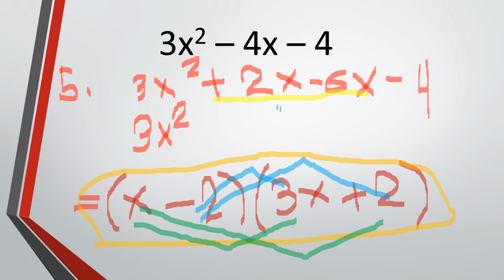Copy the sign of the bigger number. The bigger one is 6, therefore you copy the sign of the bigger number, which is negative. So 6 subtracted by 2, we have 4, and then x minus 4. Therefore, our factored form is correct.